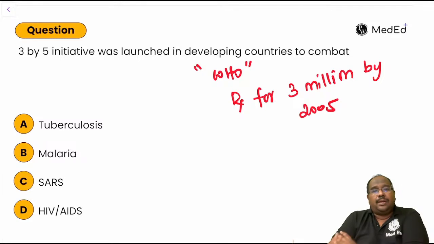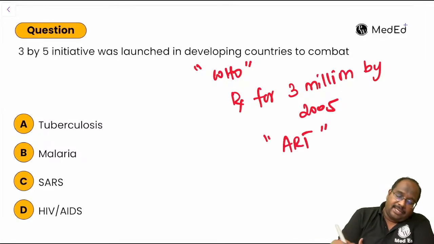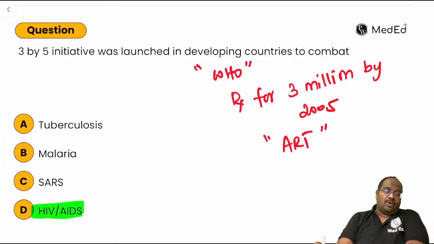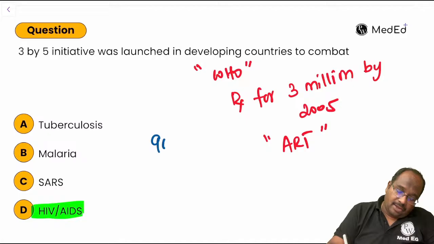The old one. WHO has given this treatment for 3 million people by 2005 for ART. So the answer here is HIV/AIDS. You should know some other terminology in HIV.